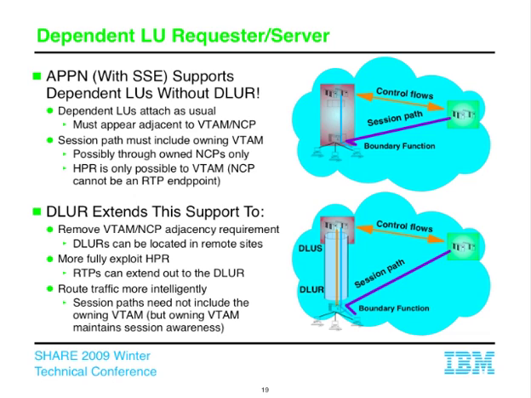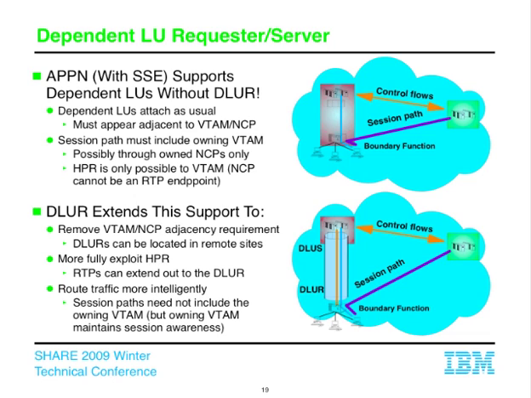There were some limitations with this. First of all, it still requires this composite network node. A lot of people are trying to migrate off 3745. The second thing is that because the NCP down here does not play full APPN functionality, remember, it has to work together with VTAM to provide that composite network node appearance. One of the functions the NCP can't do is the RTP endpoint function.